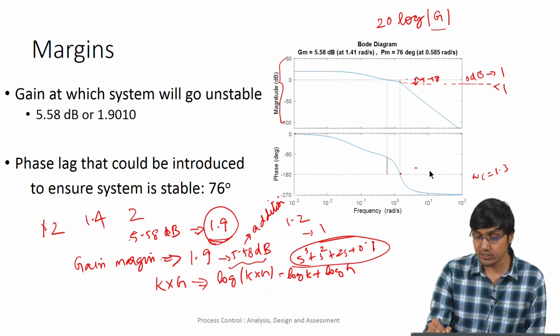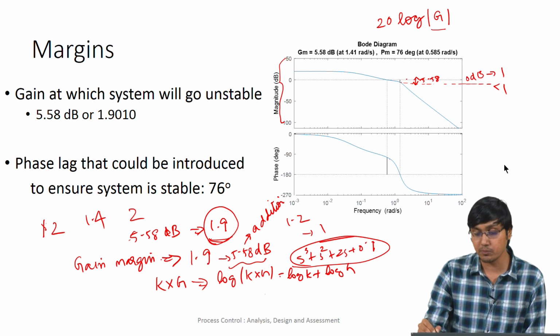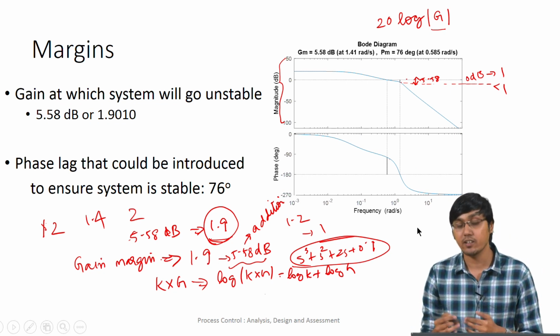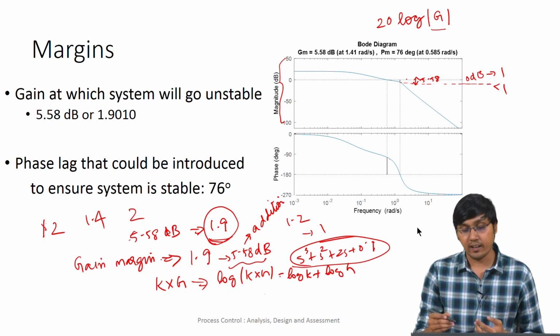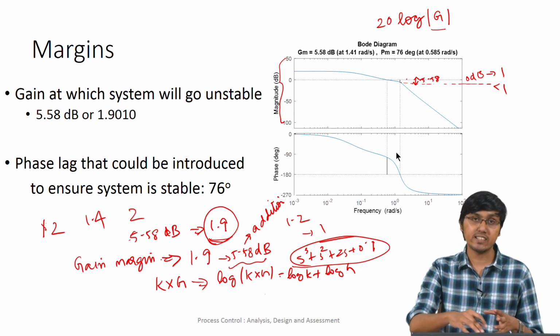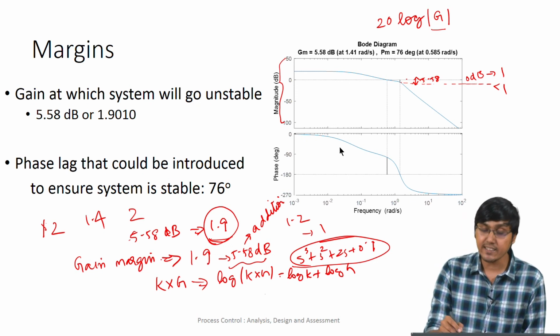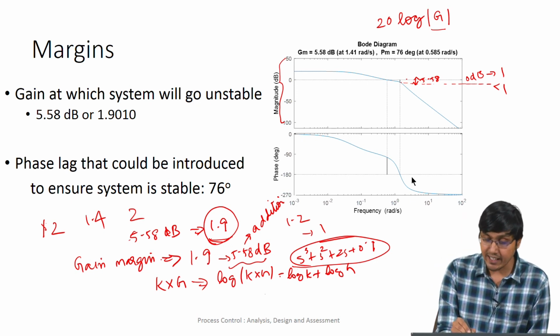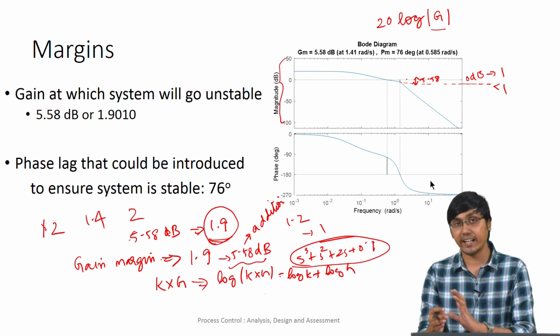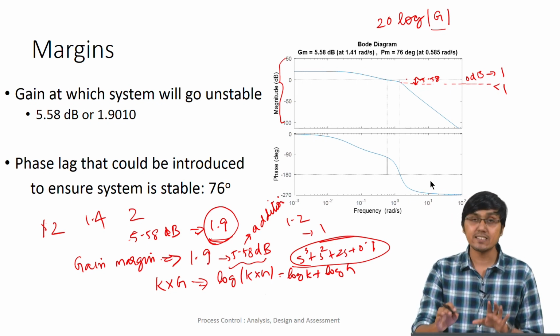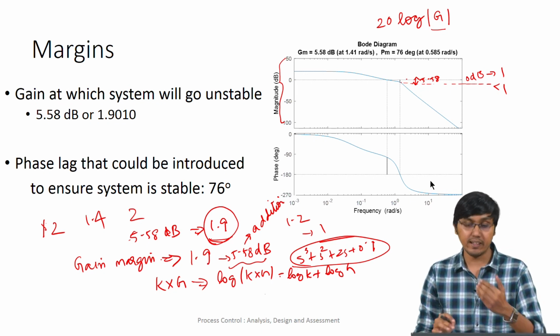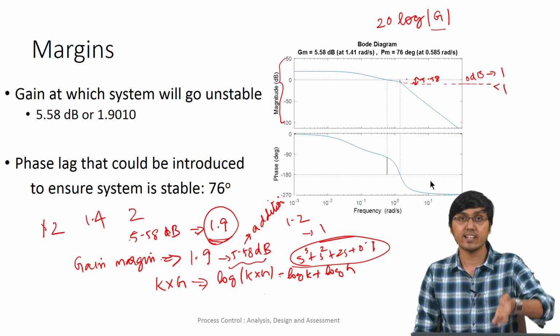Now I assume that I made some mistake in modeling, so even this phase plot is inaccurate. Something else is going to happen so that this phase diagram is going to change. So what is the phase lag I can introduce so that this system will still be stable? Similarly, the same question we asked for gain, we are asking for phase now.